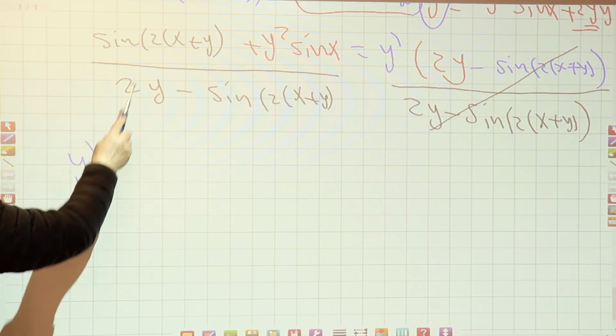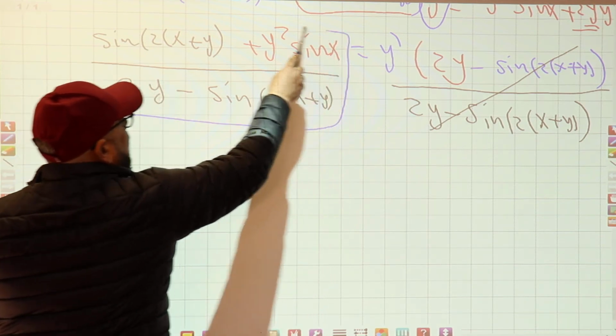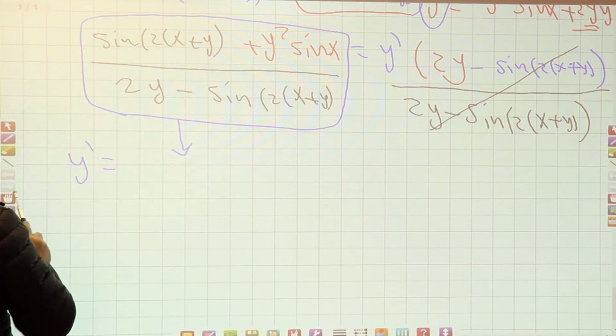Y prime equals all of this. Okay, let's go to the next problem.